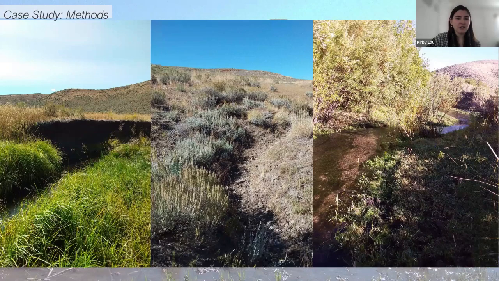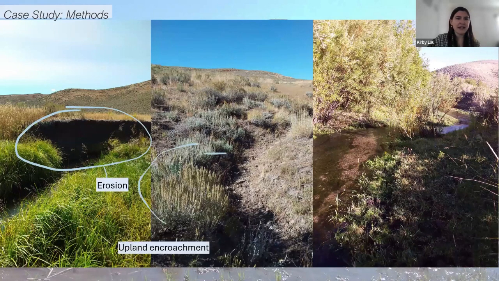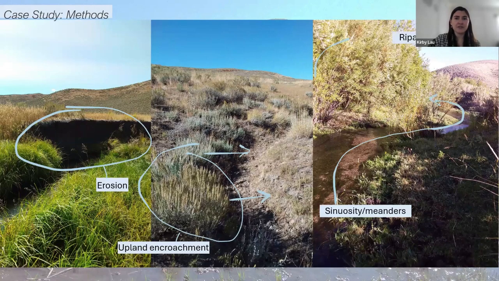This included looking for things like erosion and head cutting, upland encroachment, and the presence of or lack of riparian vegetation, as well as things like meanders and point bar formation in a channel.